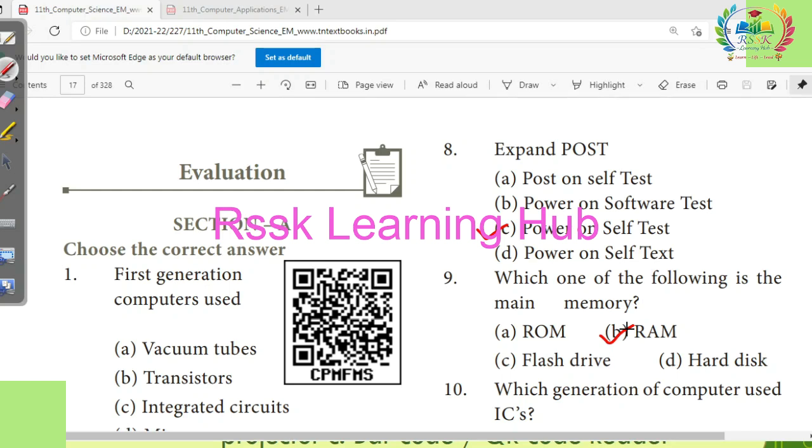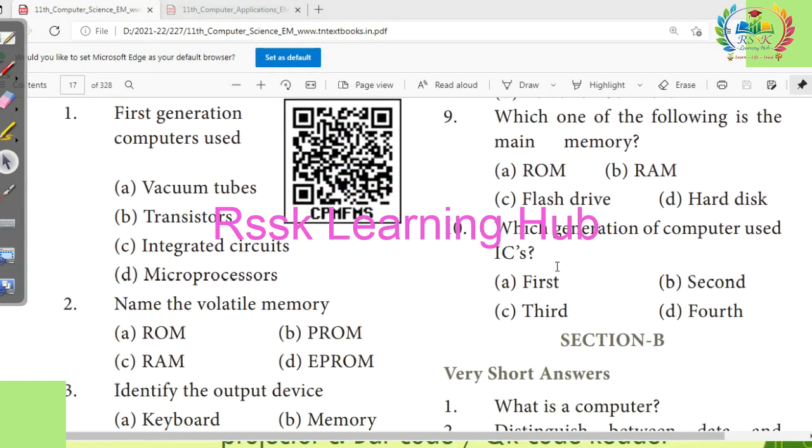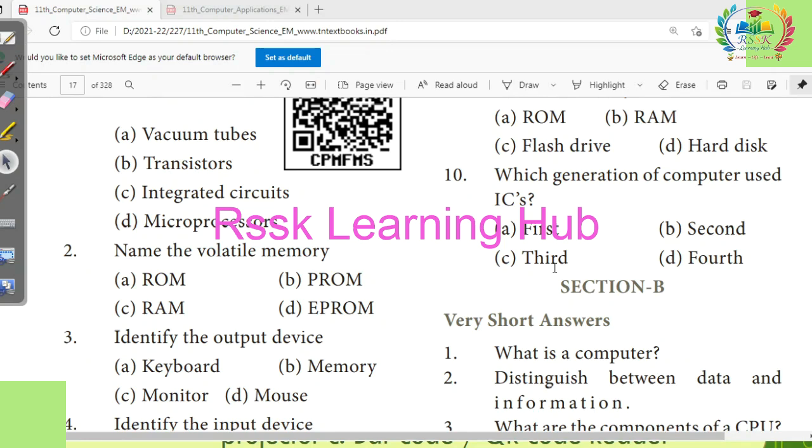Next, which generation of computer uses IC? Integrated circuit. Which generation? Can you remember? Yes, very good. It is your third generation, because first generation is vacuum tube, second generation is transistor, and in third generation we are using ICs.